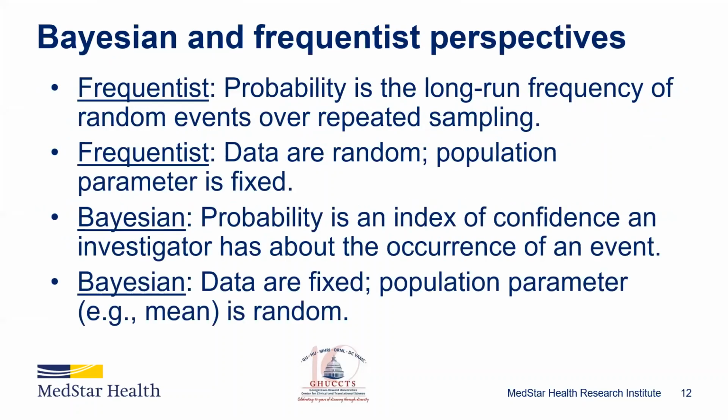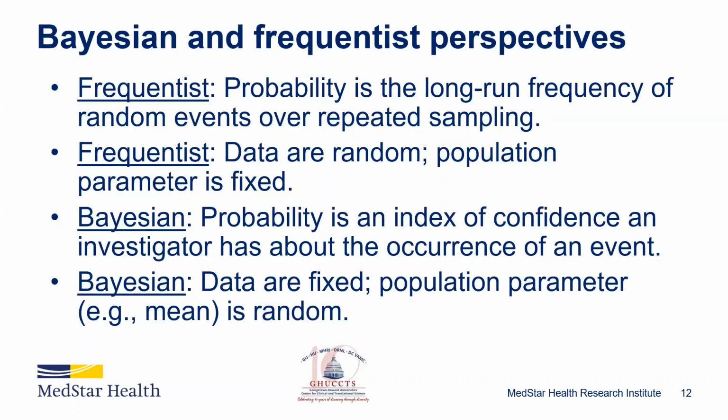Okay, so to get into comparing Bayesian and frequentist perspectives, as we mentioned, from the frequentist perspective, probability is the long-run frequency of random events over repeated sampling. And as I mentioned, in this perspective, the data are random, but the population parameter is fixed.